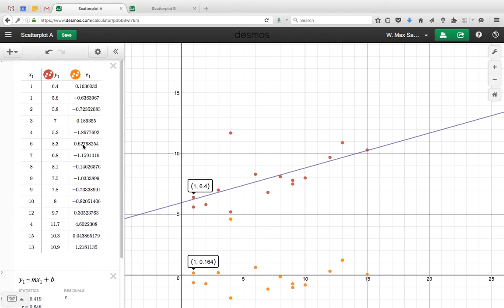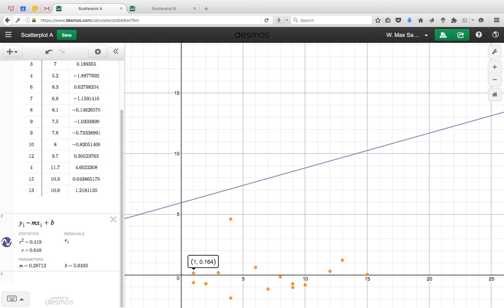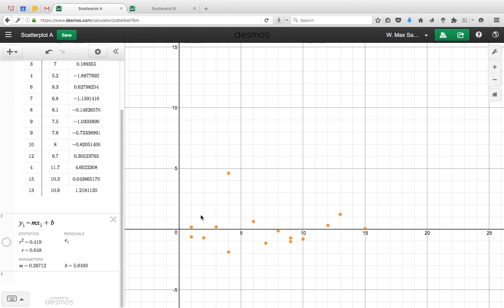If we just look at the residuals, which are in orange, it's very clear to see that most of these points are very close to the line of best fit. The line of best fit essentially is represented by the x-axis once you graph the residuals. Then this point is clearly an outlier because it's so much further away.